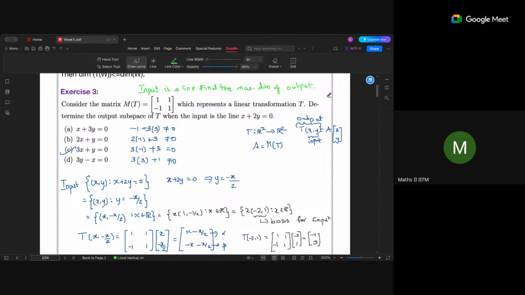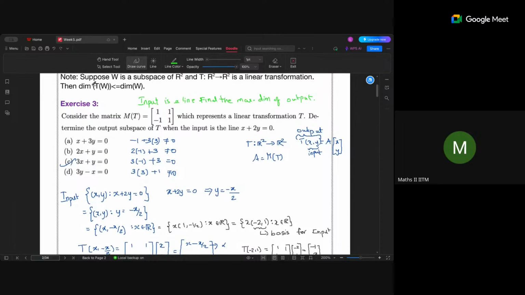Take for example the zero transformation. So that is why you have this result. Suppose W is a subspace of R2 and T is from R2 to R2. Dimension of T of W is less than or equal to dimension of W. Here dimension of W is 1, so dimension of T of W can be either equal to or less than the dimension of W.